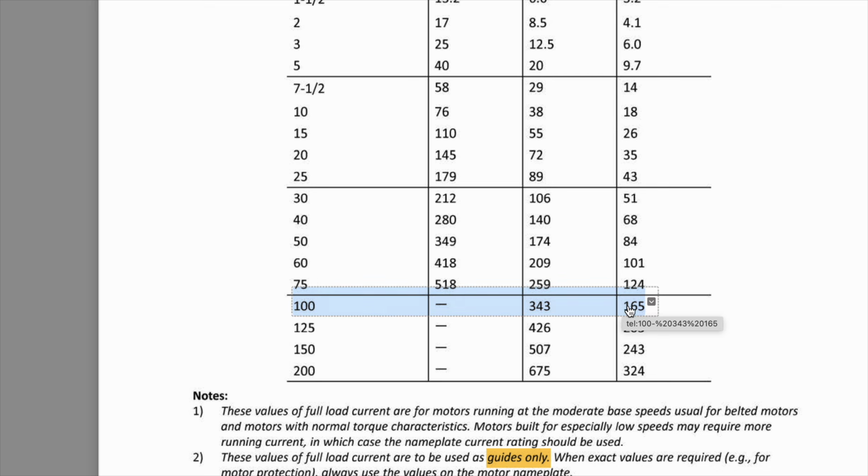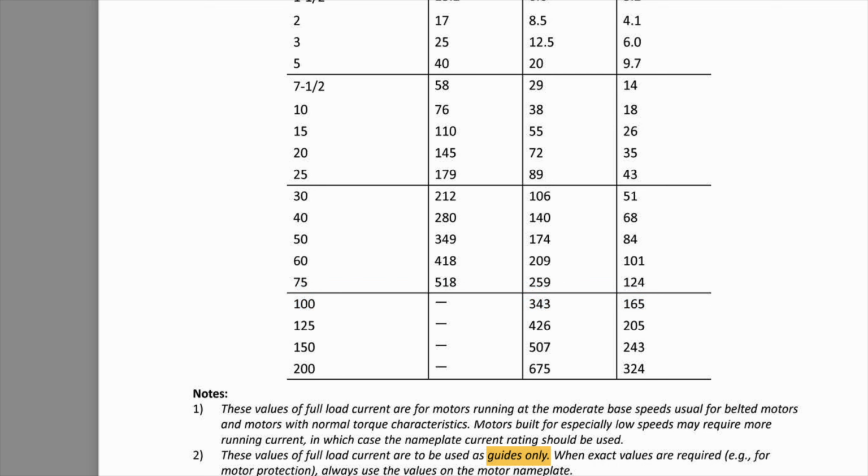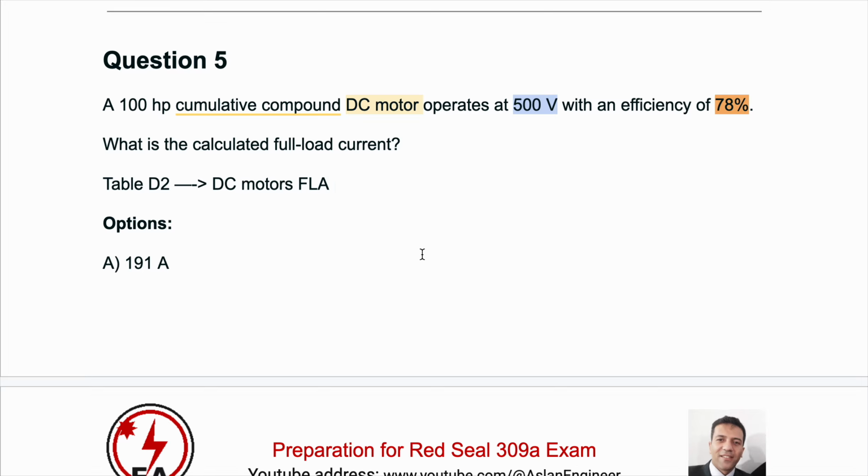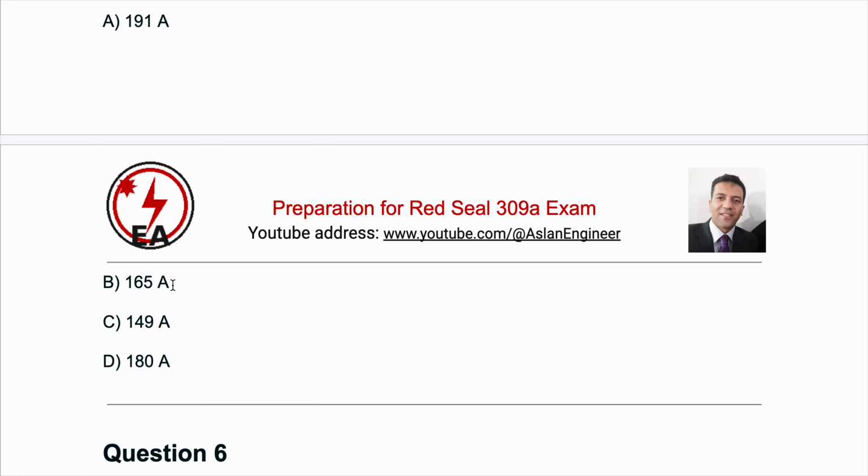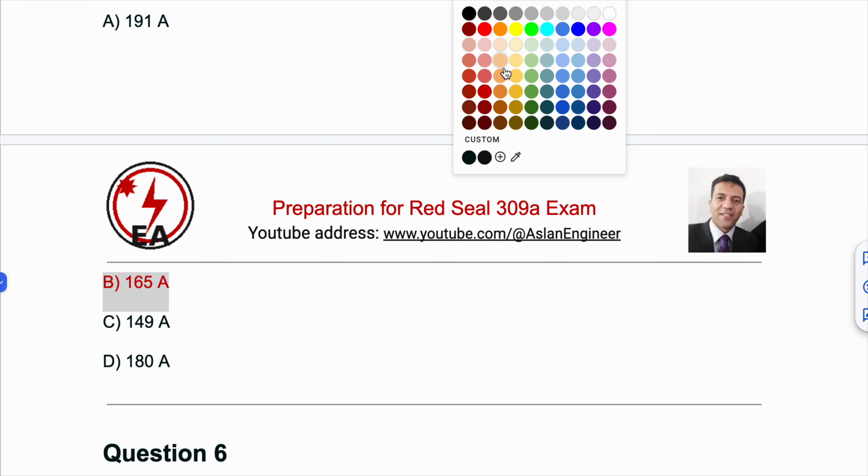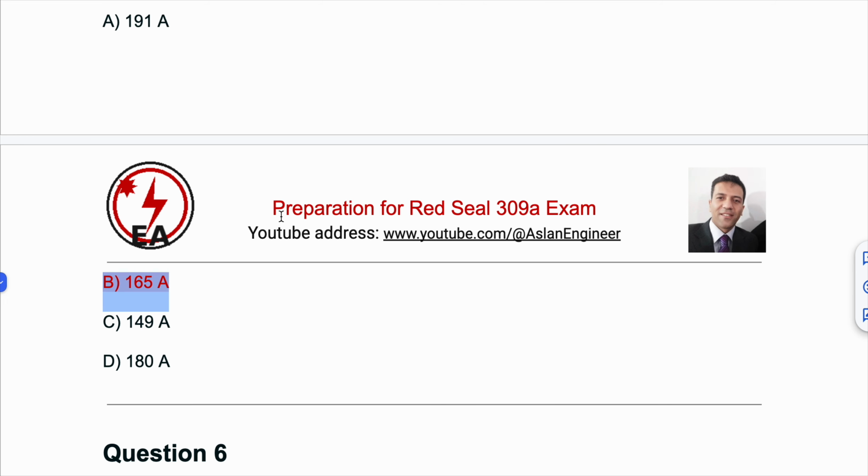Let me write it from this table. We got that 165 amps is the ampacity of this motor, and this is the answer, but it is the fake answer. It's not the correct answer.